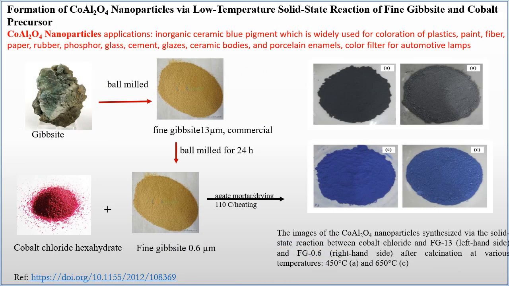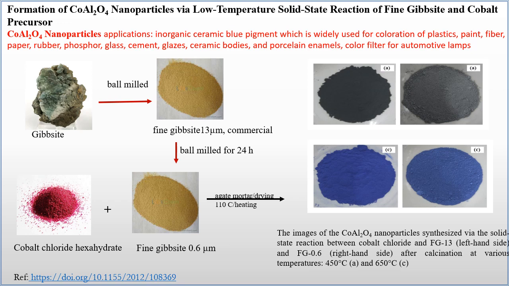So this is one interesting example from an article published in 2012. It's a relatively simple solid state reaction. Here gibbsite, which is an ore of aluminium, is made to react with cobalt chloride hexahydrate to form CoAl2O4, a mixed oxide of cobalt and aluminium.